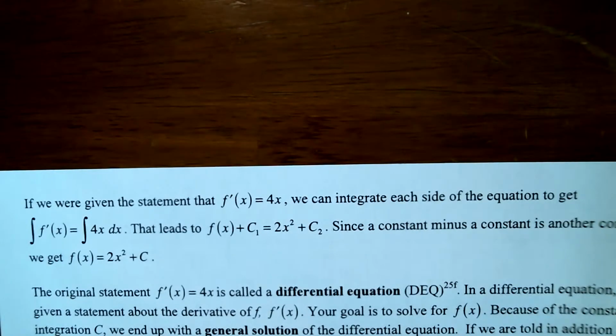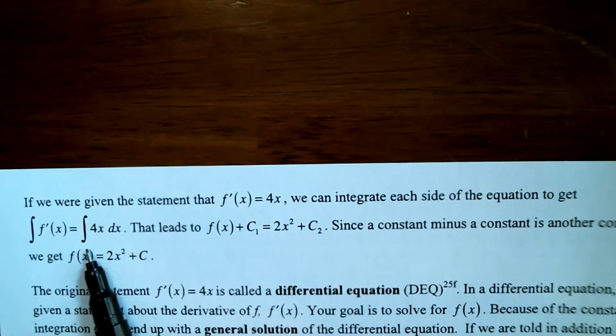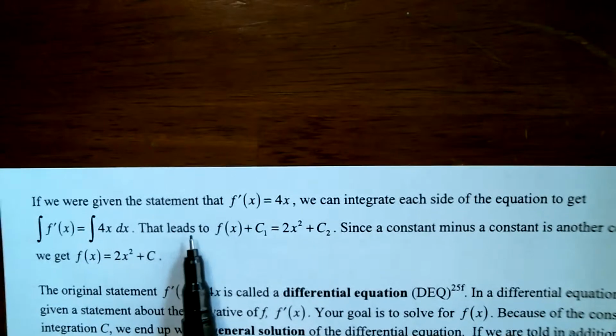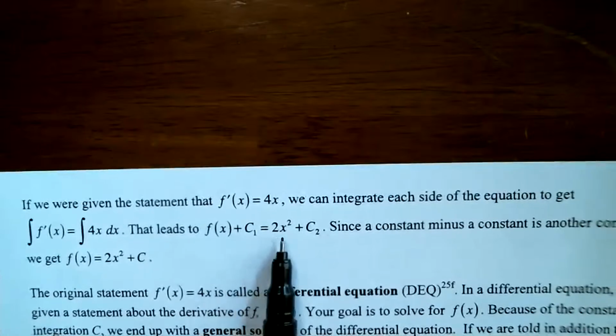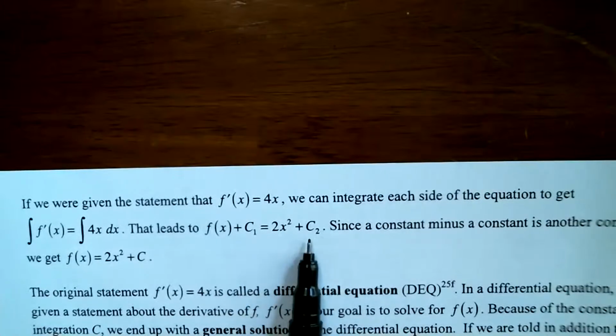Enthusiasm, Morgan. So if we were given the statement f prime of x is equal to 4x, we can integrate each side of the equation to get the integral of f prime of x is equal to the integral of 4x dx. Okay? That leads to f of x plus a constant equals 2x squared plus c2, which is another constant.